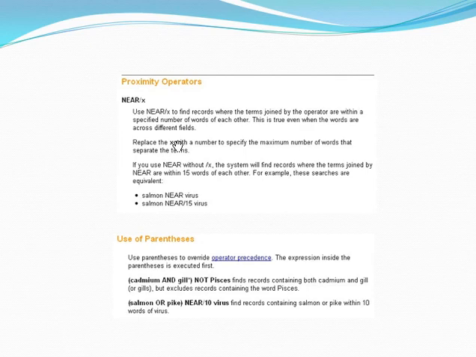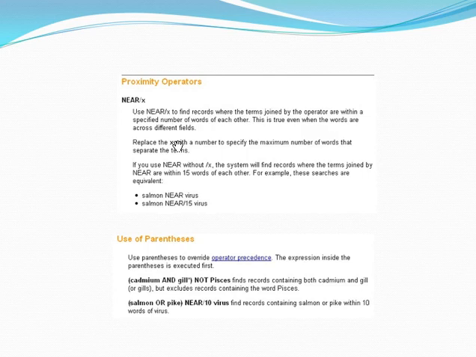Another thing that we can use when we search is proximity operators. Again, this will be database specific, and it's very powerful because we have two terms, and we can tell our search how close those two terms must be in order to recall that document.